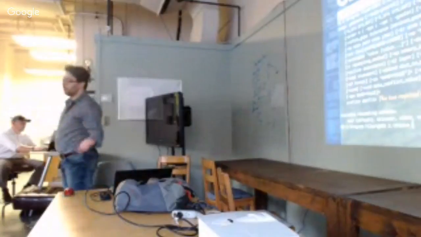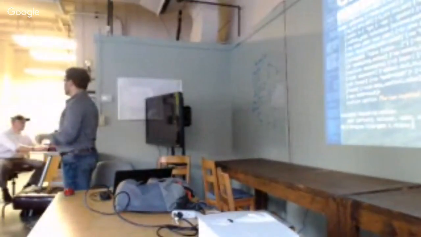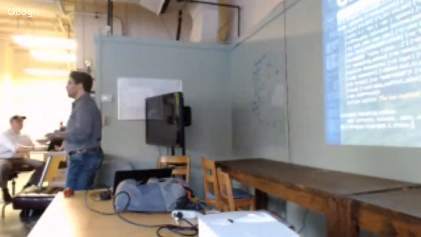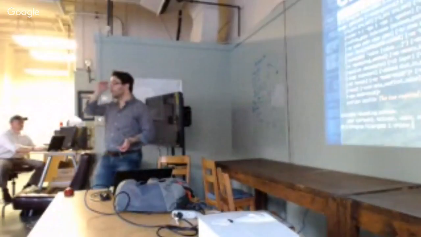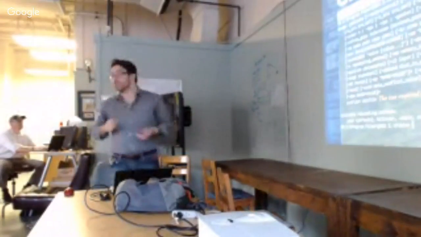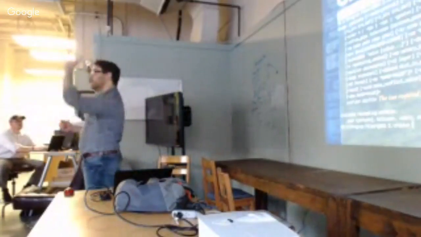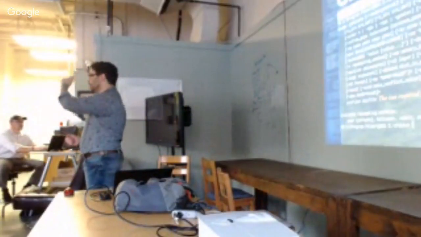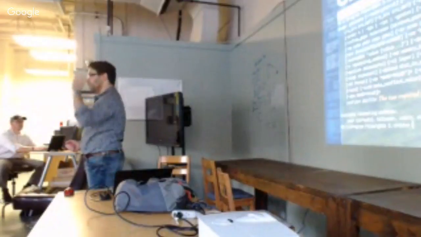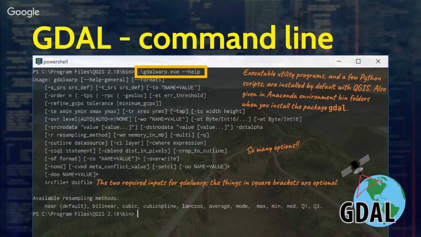I know some of you are probably totally old hat, and some of you are totally new to this. But it's the same way that you would use an ArcGIS tool, where you say, here's my input file, I want my output file to be named this, I want you to use this tolerance, and I want you to use that.